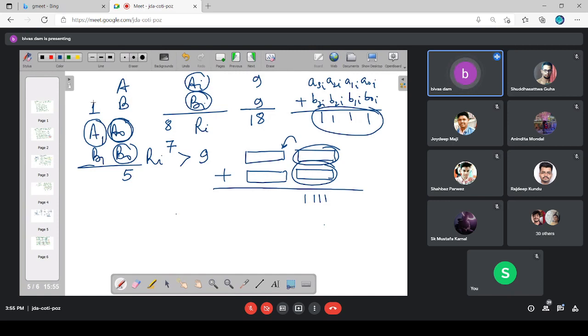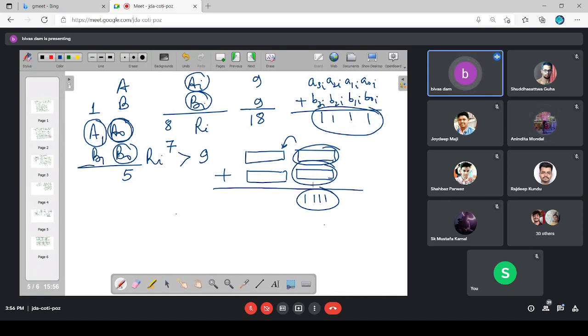So after obtaining this binary addition, we have to check this result. If this result is greater than 9, we know that in the decimal domain, one carry was required to be generated.